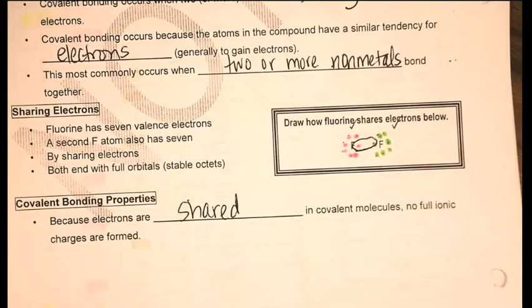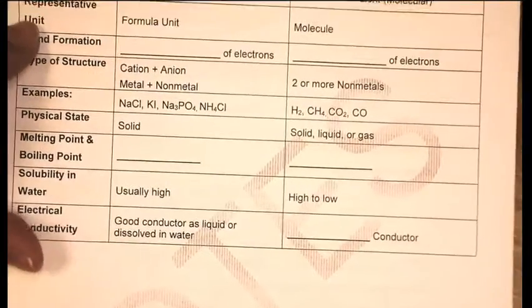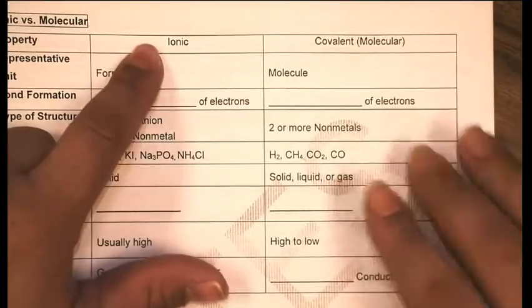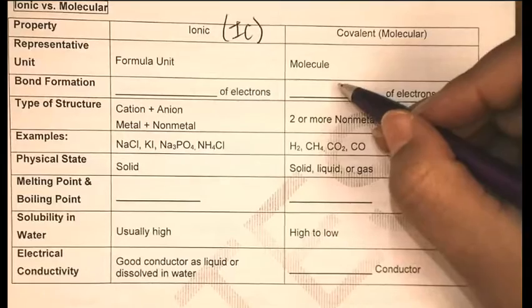Now we're going to move on to the next page, and we're going to look at properties of ionic compounds. The smallest representative unit of an ionic compound is going to be a formula unit. For covalent, it's a molecule.